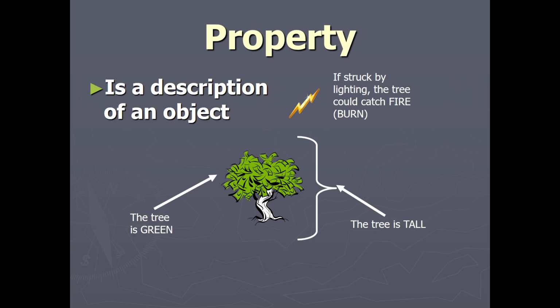A property is a description of an object. Yes, solid, liquid, gas can be a description of it. The tree is green. The tree is tall. If the tree is struck by lightning, the tree can catch on fire, so it can burn. It's flammable.